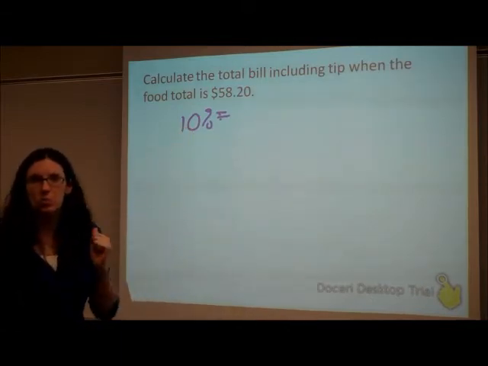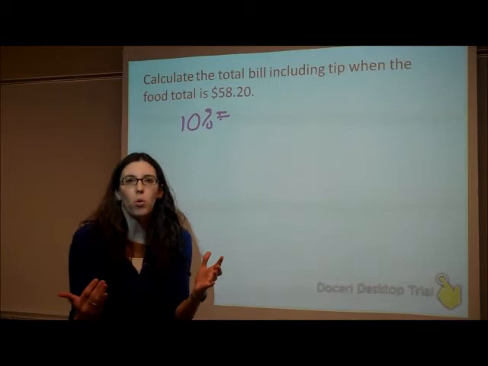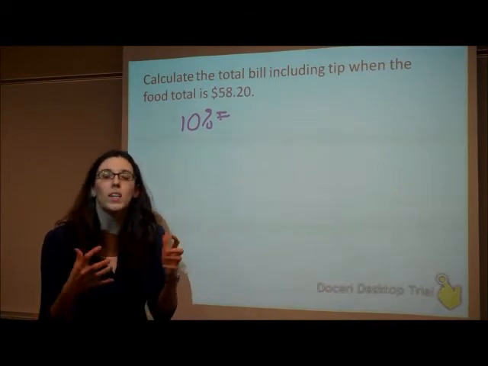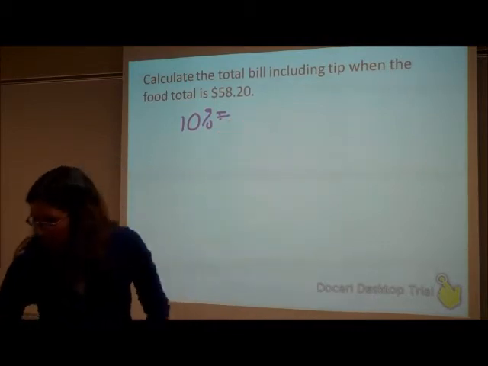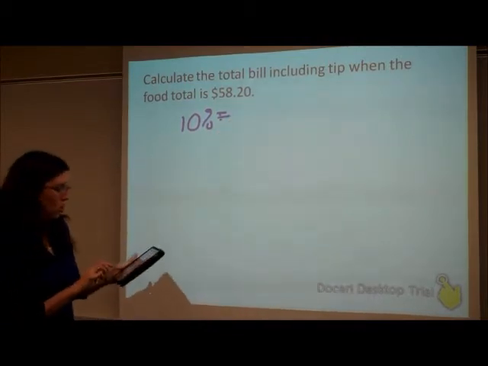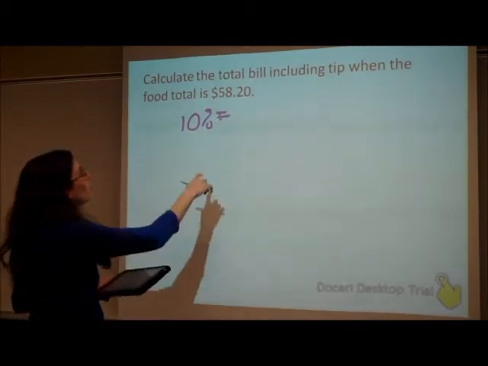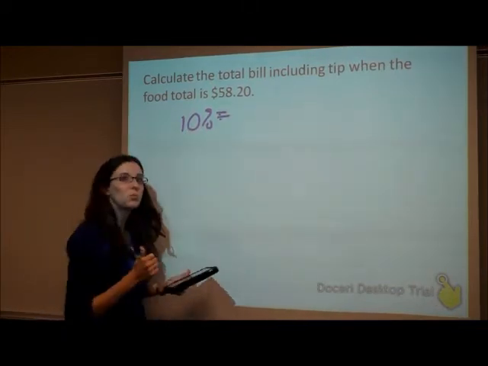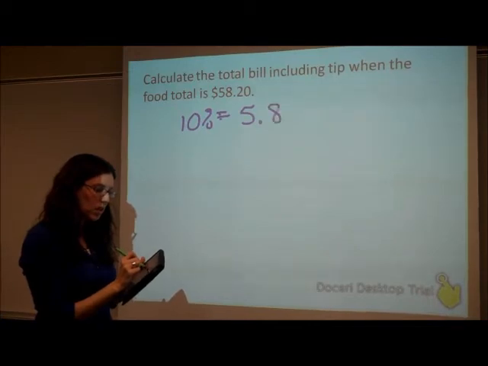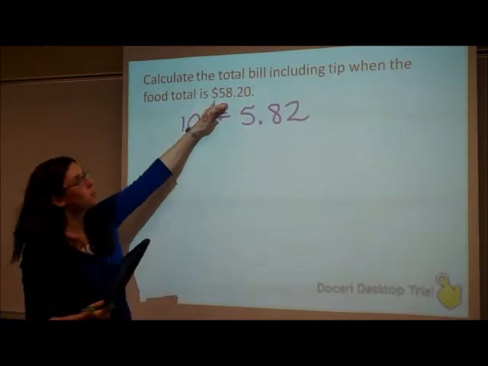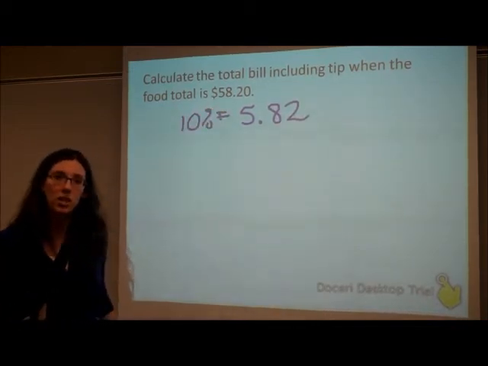That would be that as a decimal. So I want to find 1/10 of this, or divide it by 10. Okay? So, really easy. You can figure out 10% by just moving the decimal to the left once. So 10% of this bill will be $5.82.